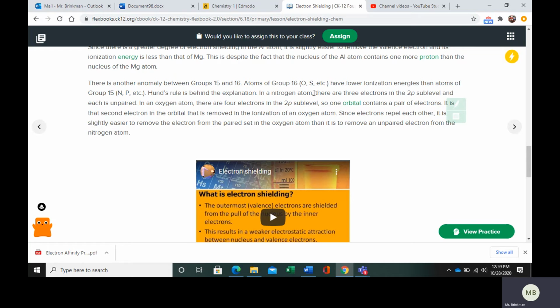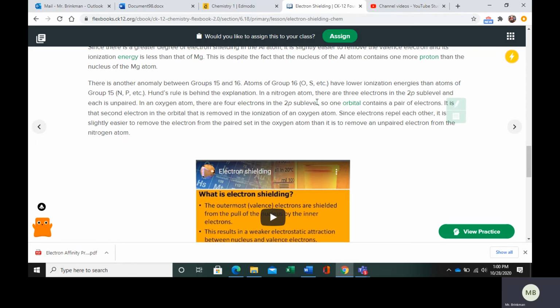So in a nitrogen atom, we have 3 electrons in the 2p sublevel, and they're all unpaired electrons. In the oxygen atom, there are going to be 4 electrons in the 2p sublevel. So we have the 3 that would normally be unpaired, but one of them is now paired.